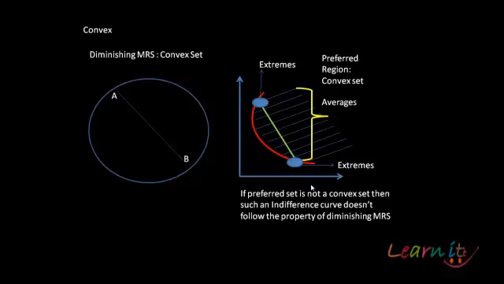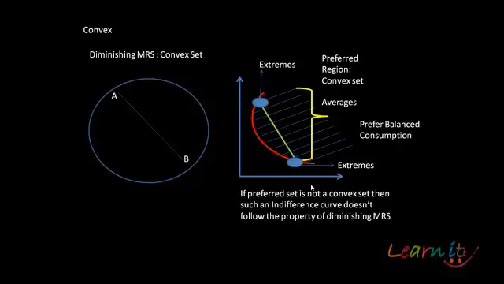Any convex combination of the two points lying on the indifference curve would be preferred to the extreme points, because it represents a more balanced combination. What do you mean by a balanced combination? You would mean that you have some amount of both the goods, which is better than having a very huge amount of one good and less amount of the other good.